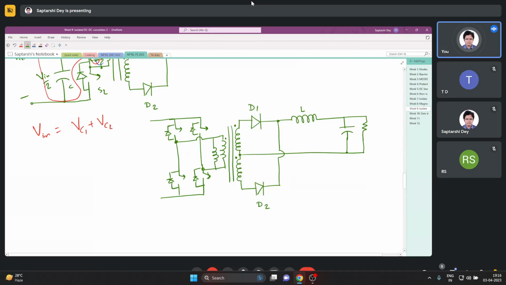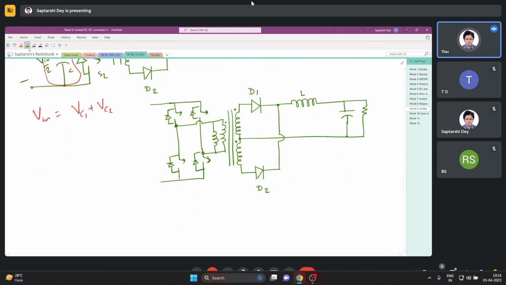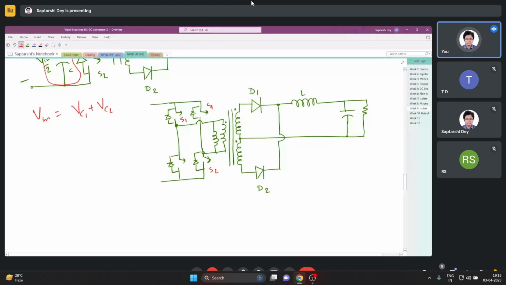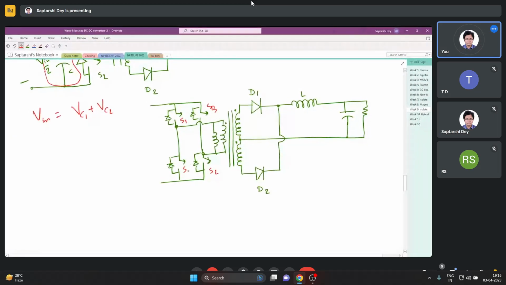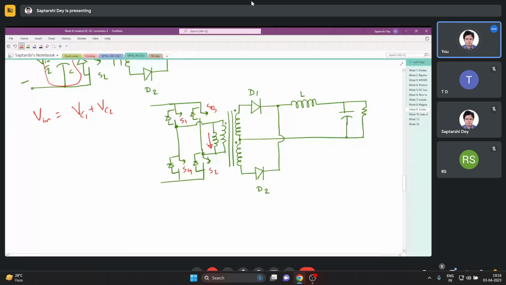One more thing you see here, for both half bridge and full bridge, when you are turning on, this will operate just like an inverter. So when you are turning on S1 and S2 together, the magnetizing current is flowing like this, and when you are turning on S3 and S4, the magnetizing current is flowing the other way around.